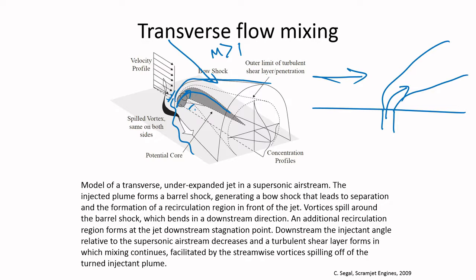The downstream injectant angle relative to the supersonic airstream decreases, and a turbulent shear layer forms as the mixing continues, facilitated by the streamwise vortices spilling off from the injectant plume. So it's a very complex structure, with recirculation zones here and here and vorticity structures around them, but it leads to very good mixing because of the strong interaction of the jet with the incoming flow.